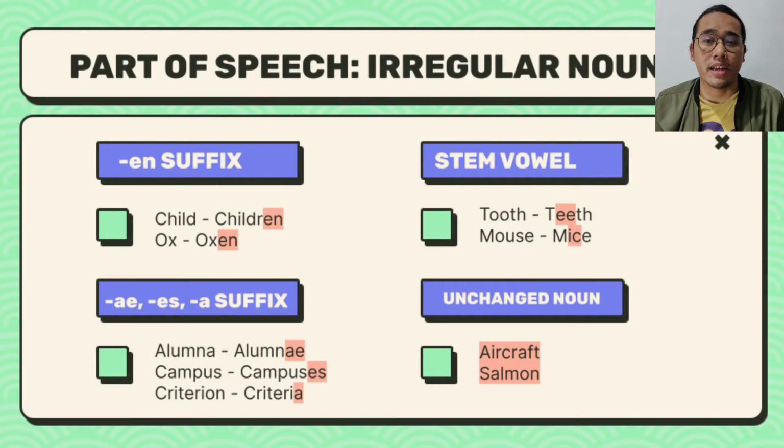There are also irregular nouns, which have different suffix letters, such as the en suffix for the words children and oxen, the suffixes ae, es, and a for alumni, campuses, and criteria, change of stem vowels such as tooth, teeth, and mouse, mice, and unchanged nouns such as aircraft and salmon.